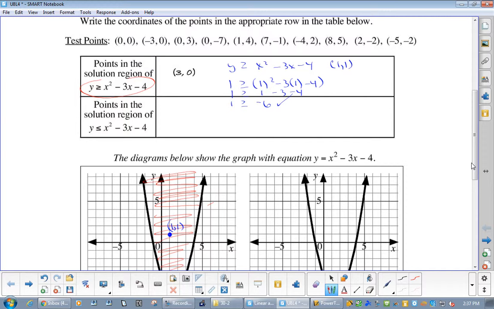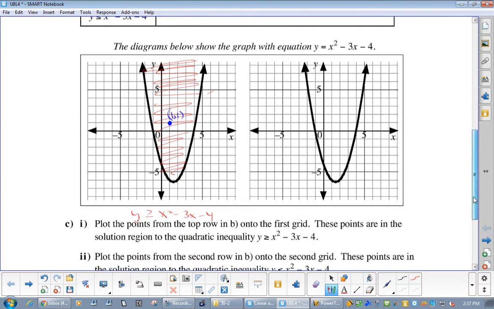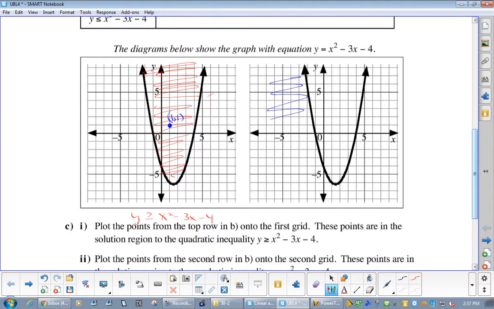Okay? Now, let's try this one over here. If I was to shade this, this is underneath. This is less than. So this would be y is less than or equal to x squared minus 3x minus 4. Now, test point. Let's test (5, 0) over here. It's in our area, isn't it?